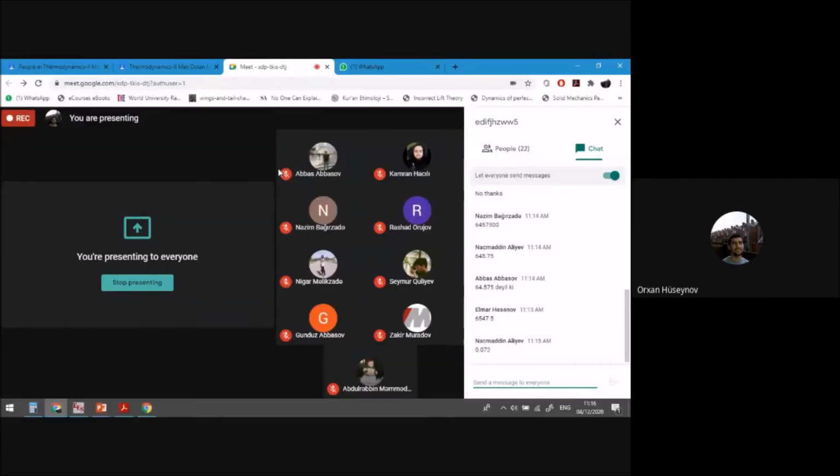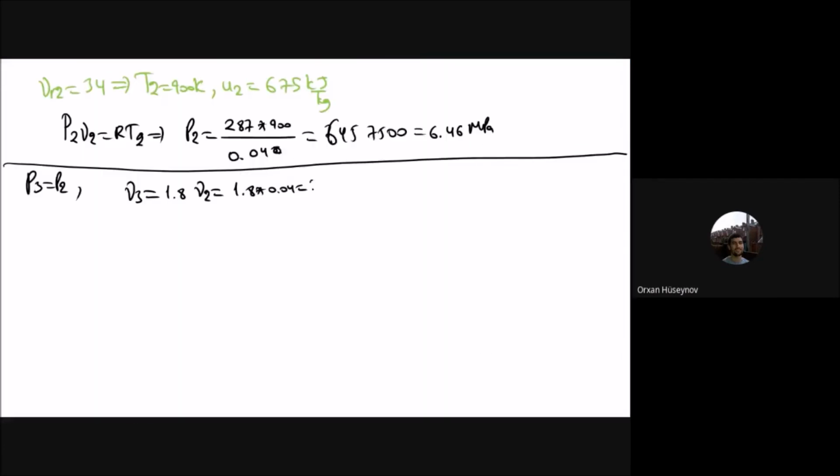Okay, so 0.072. So this one is meter cubed per kilogram.